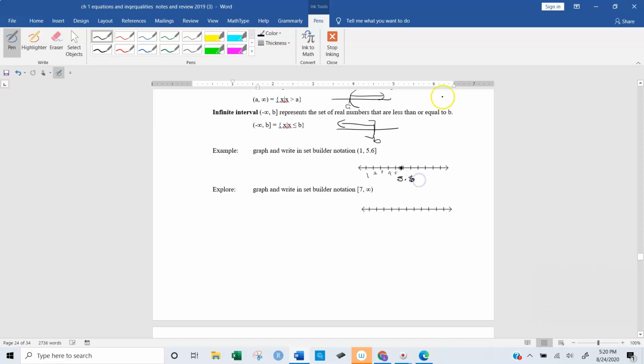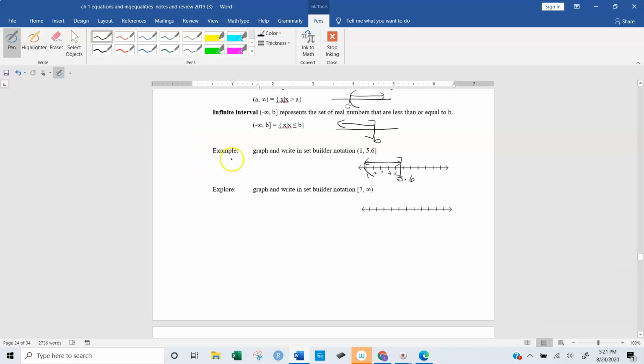Now this means it cannot equal 1, so it's a parenthesis. It can be 1.00001, it just can't equal 1. And then it can go up to 5.6, and it can equal 5.6. So we have a parenthesis and a bracket, and it goes like so. That means all numbers between 1 and 5.6.